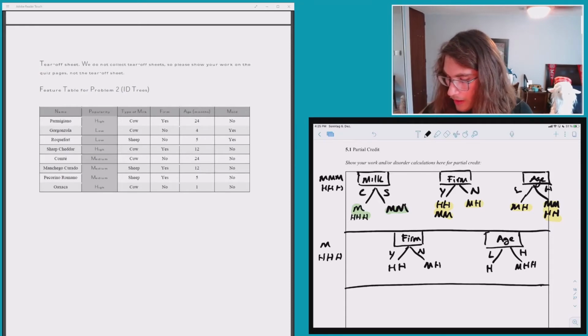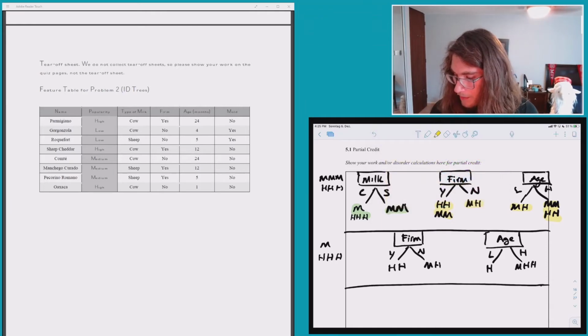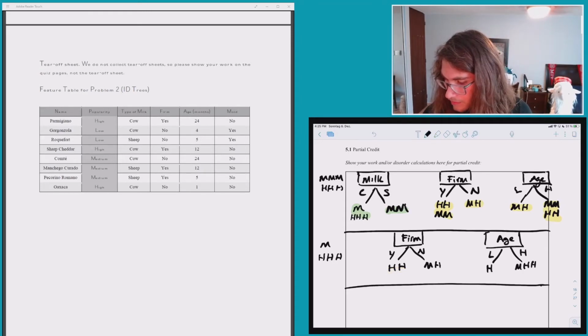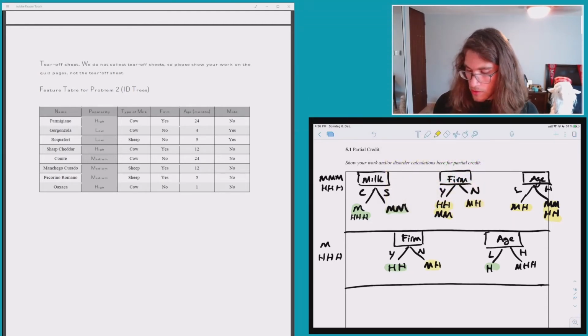And also looking at this, if I'm thinking in terms of average test disorder, both of these have a homogeneous branch. Whoops. And now let's say, assume that even though it's not true, this MH branch of firm would have a disorder of 1.